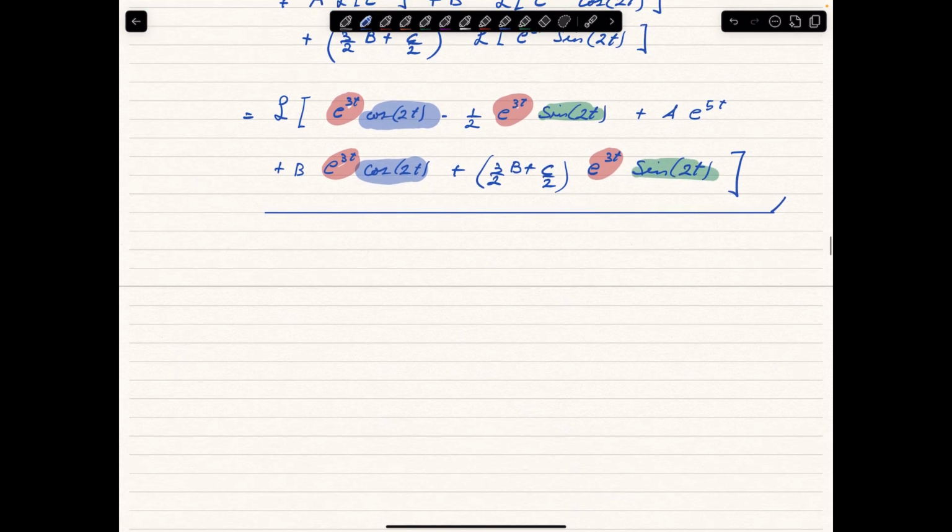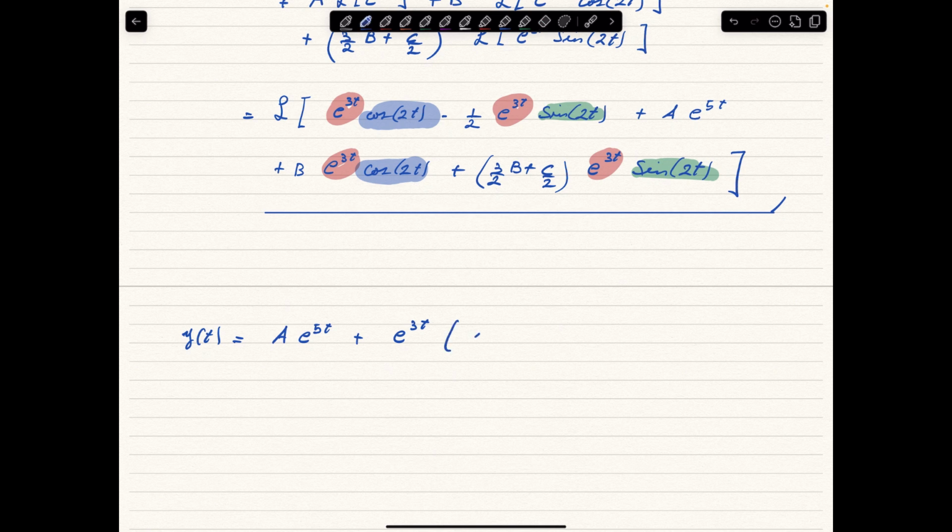So our solution, y of t, let's put it here. Our solution, y of t, can be written as, let's start with the term that is alone, exponential 5t multiplied by a. And then we have plus exponential 3t that multiplies the cosine.